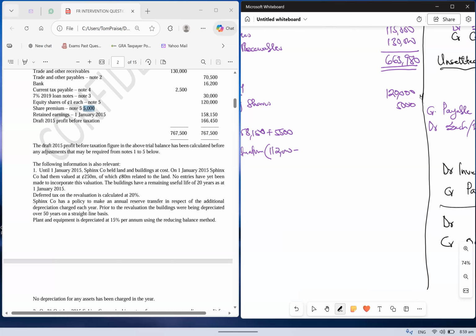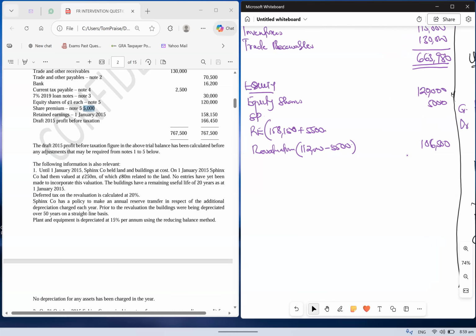Then we are supposed to move 5,500 to the retained earnings. So you move it from here to here. So what will be the balance? What will be the balance? 106,500. So you see, you are even close to finishing the work before.